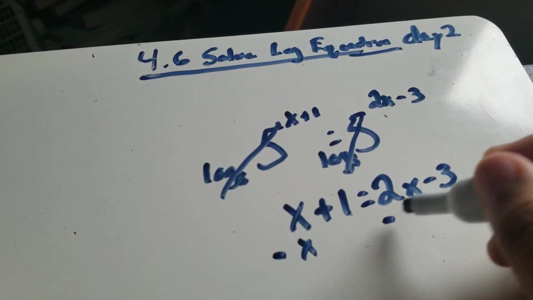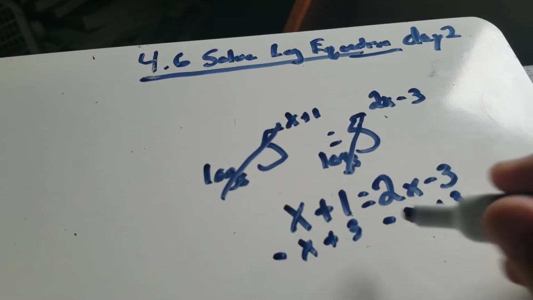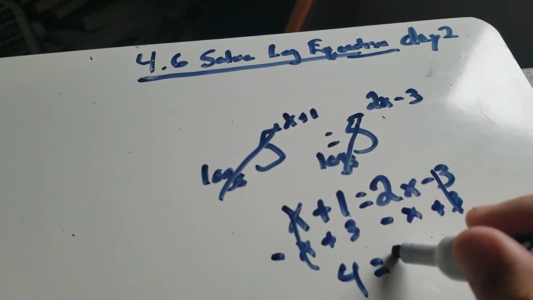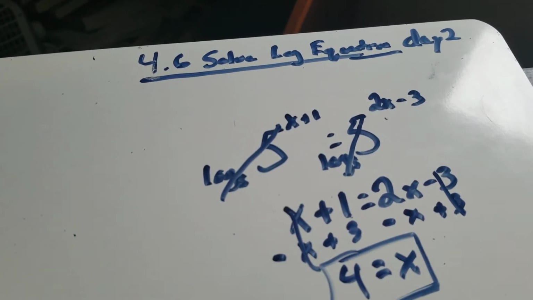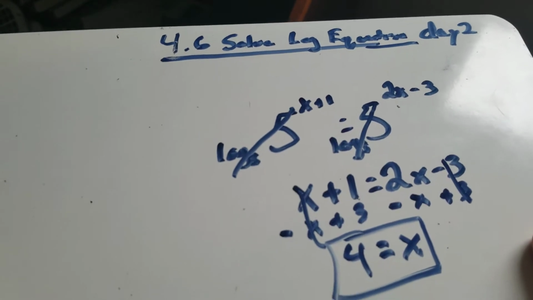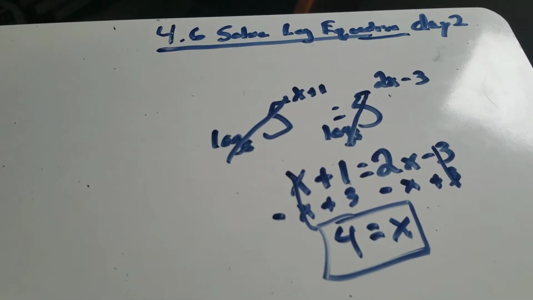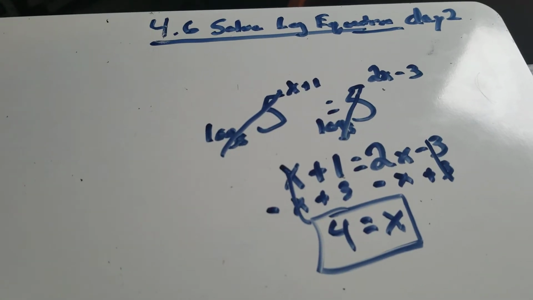From there, we could do our solving. Minus x, plus 3, plus 3. I'm overconfident and I do it both at the same time. So I got 4 = x. So my answer for this is x = 4. Now here's something really nice. What's really nice is that when we're talking about exponents, you cannot have an extraneous answer.